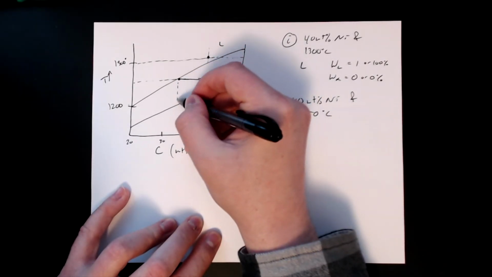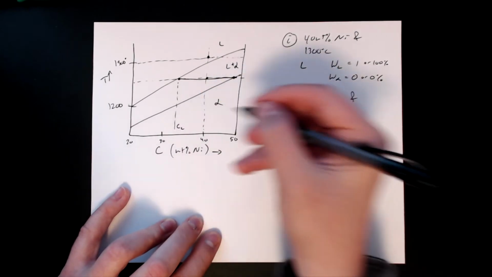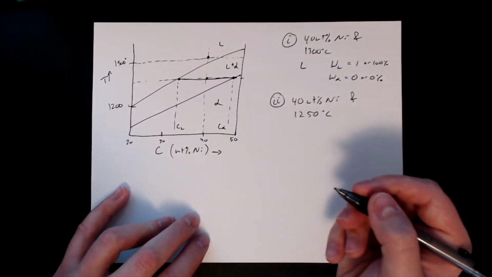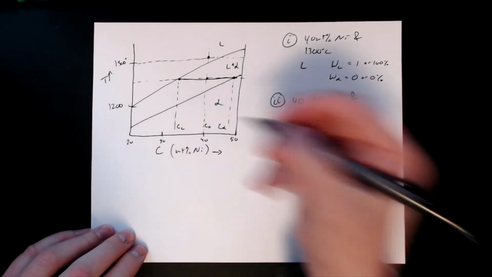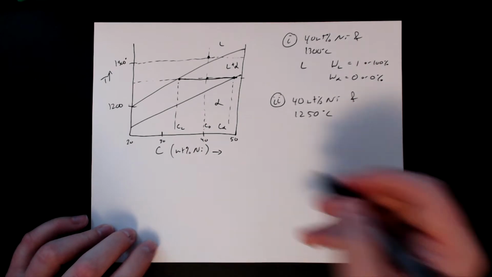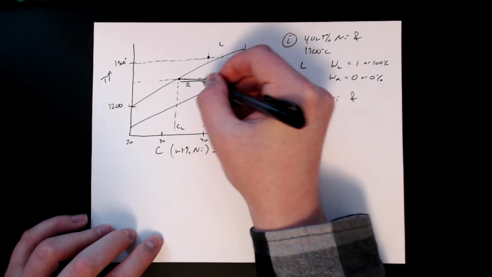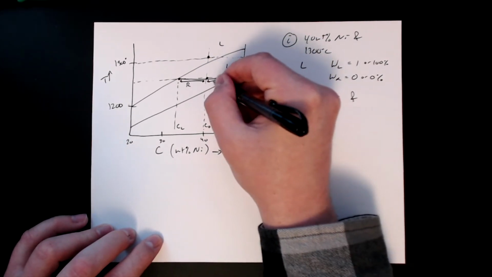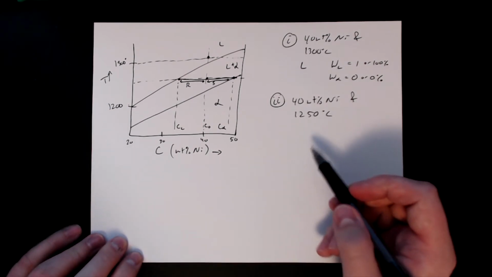So this is C liquid, this is C alpha, and then this is obviously C naught. And if we want to label them just like we did before, we can call this distance R and this distance S, right? So we've got everything set up now.